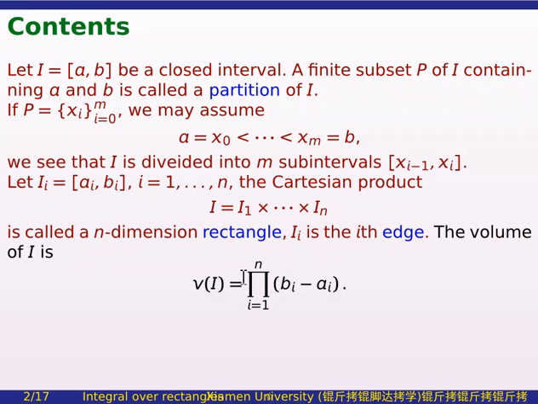If n is 1, that is a one-dimensional rectangle, which is actually the closed interval, and the volume is the length of the interval. If n is 2, this is actually a rectangle, and the volume defined here is precisely the area of the two-dimensional rectangle. If n is 3, that is our usual three-dimensional volume. Of course, this is the generalization to higher dimensional cases.